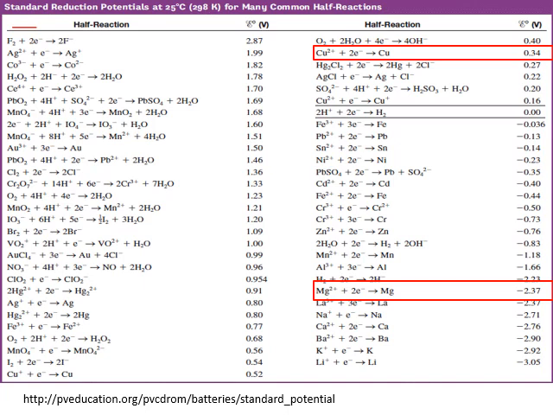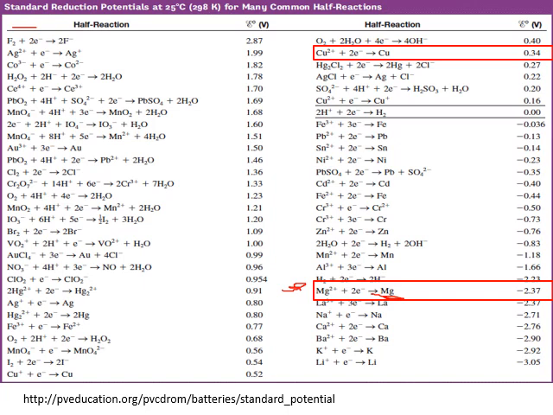So for this one, the magnesium at the bottom will have to be moved over to the left side. In other words, we just have to reverse the direction of this reaction. So remember the rule, the thing on the bottom reduces the thing on the top.